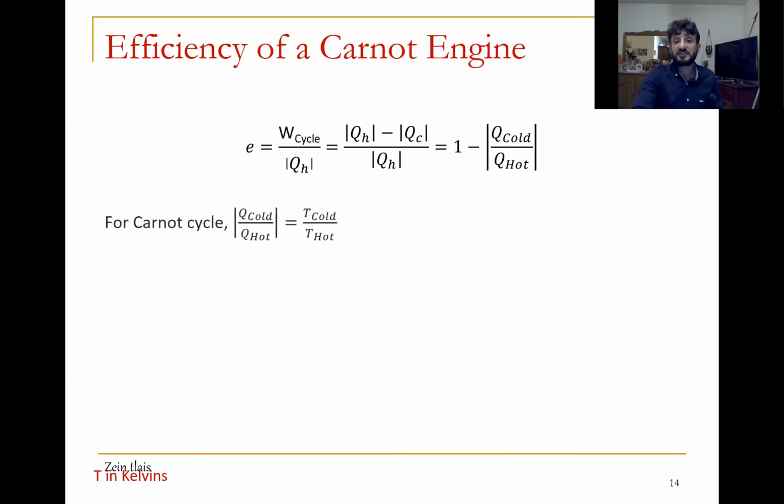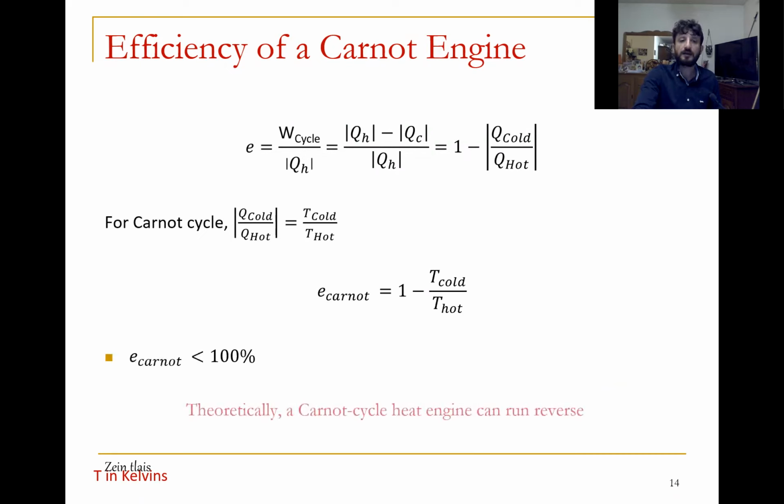What is the efficiency of a Carnot engine? You know, in general, the efficiency equals omega of the cycle divided by Q hat. Finally, we have 1 minus Q cold divided by Q hat.